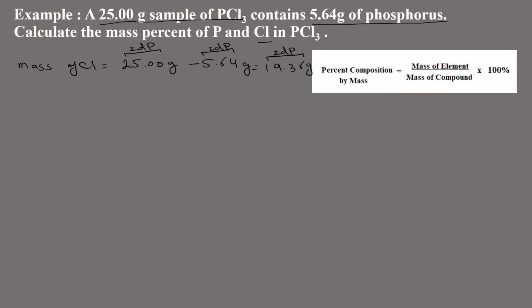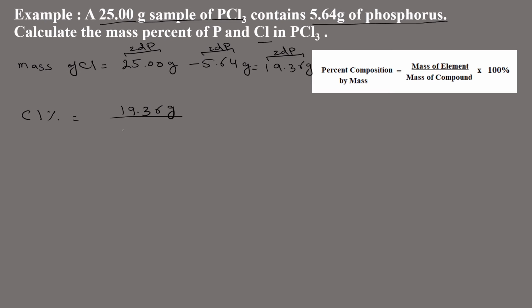Now we have the mass of chlorine, we have the mass of phosphorus, and the total mass of the sample is given here as well. We can use all these numbers to find the percent composition of each element. So let's start with chlorine. The percent composition of chlorine: we need the mass of chlorine, which is 19.36 gram.